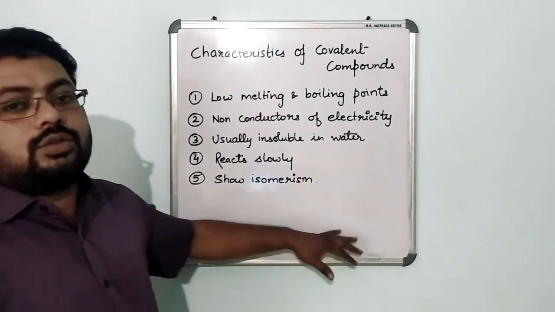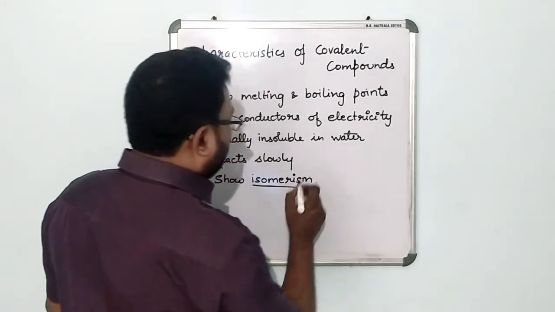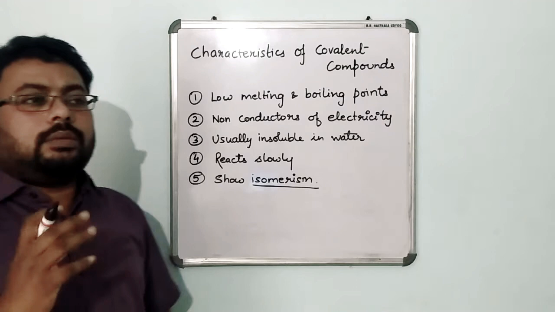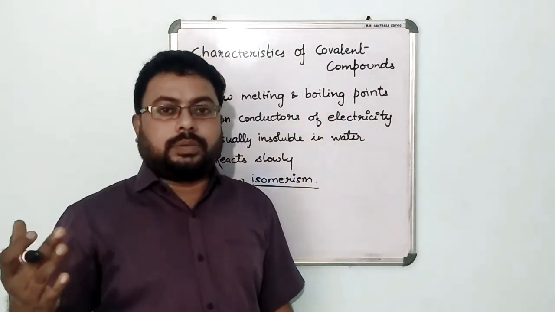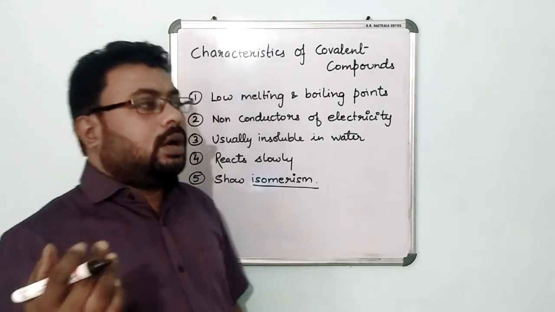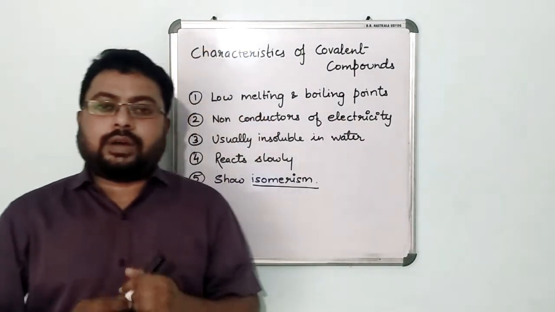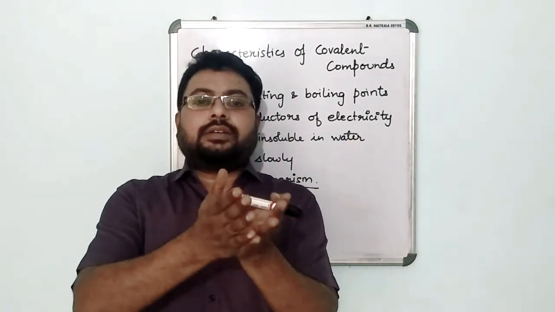Then they show isomerism. This is a very new term that you are coming across. You will be studying isomerism later on in this chapter. Covalent compounds have a molecular formula and they may exist in different structures.